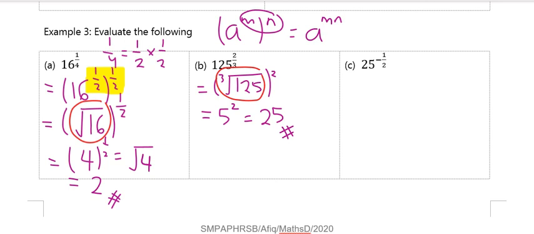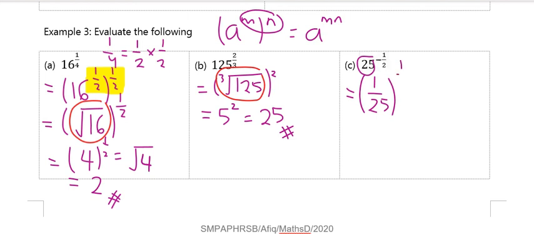So this is your value for the final answer. Now, let's move on to part C. Look at here, no worries about this negative half. From the previous example, whenever you have a negative power, all you do is find the reciprocal of 25. So the reciprocal of 25 is 1 out of 25, and then don't forget the power negative half.